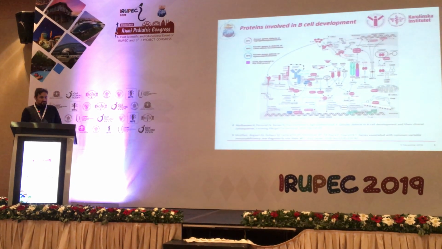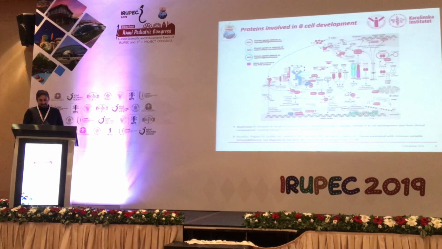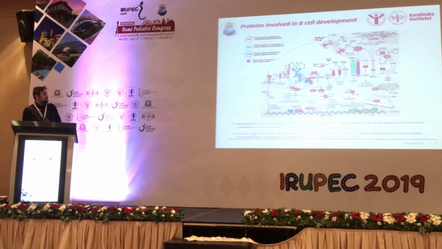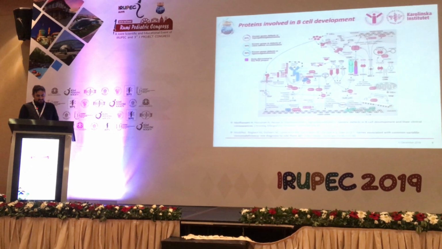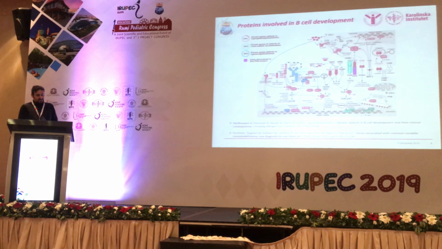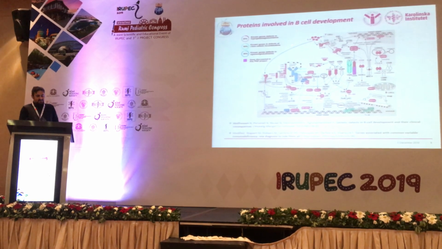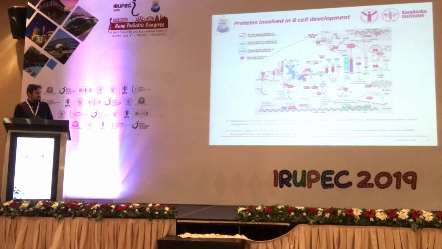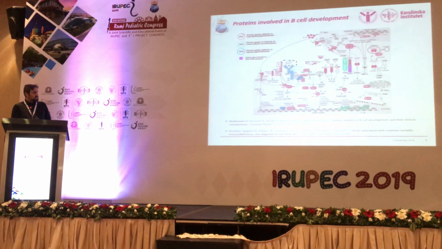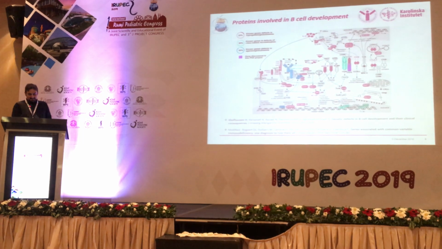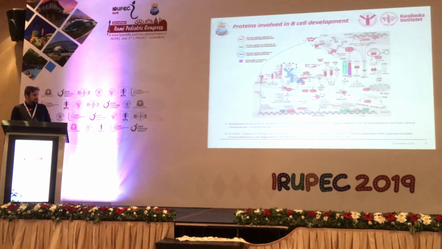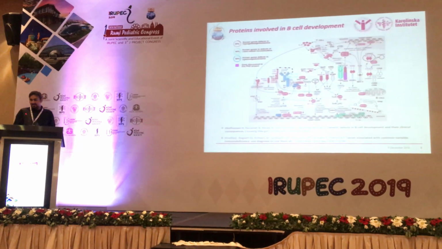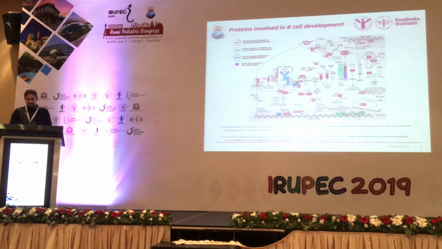This is a little bit of an outdated picture, but we can say 90% of the genes are located in the correct position. The thing I want you to also consider is that in 90% of the patients with early B cell defects, basically the BCR pathway, and 90% of the cases with CD40 ligand and CD40 class switch recombination defects, they actually have the correct genetic and molecular diagnosis.